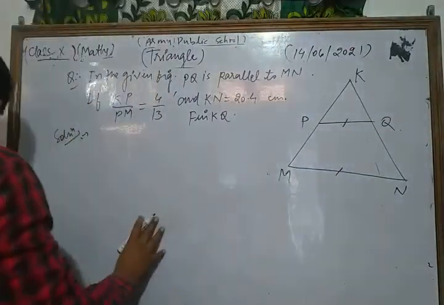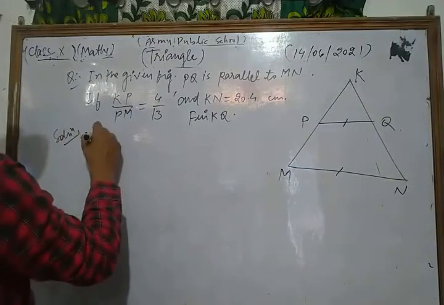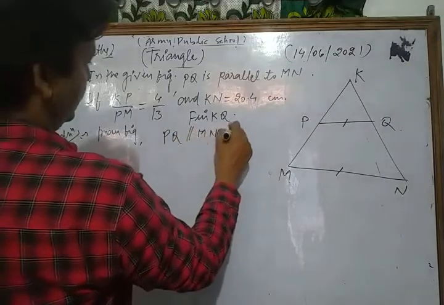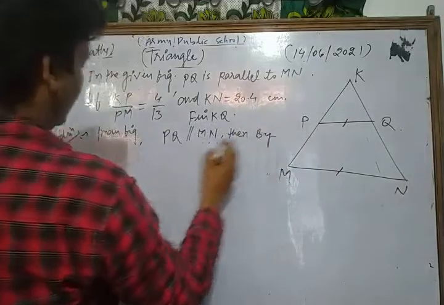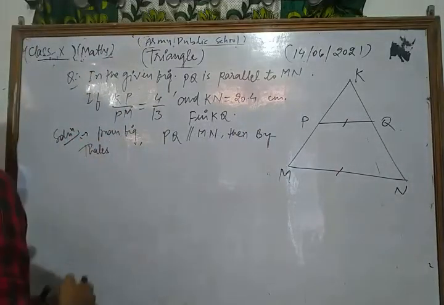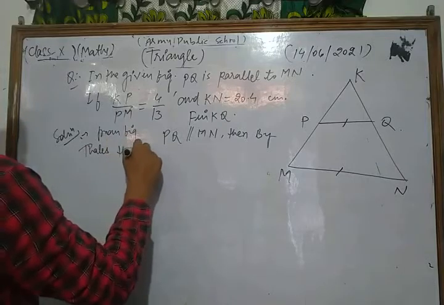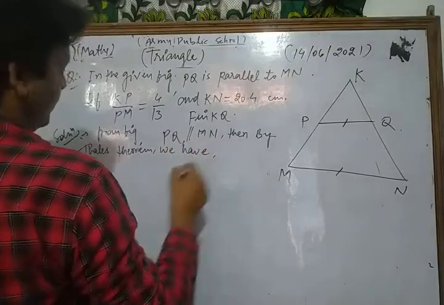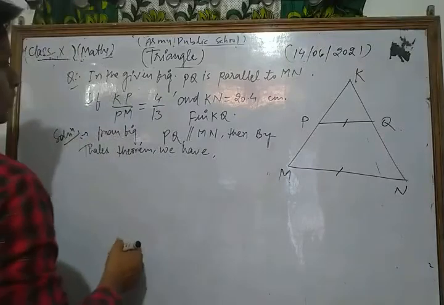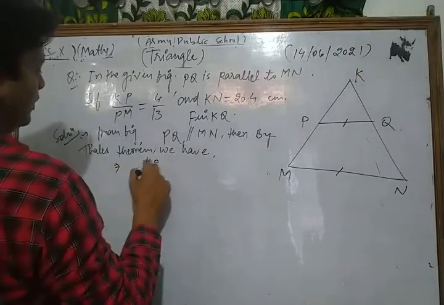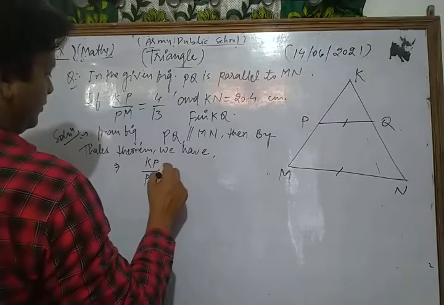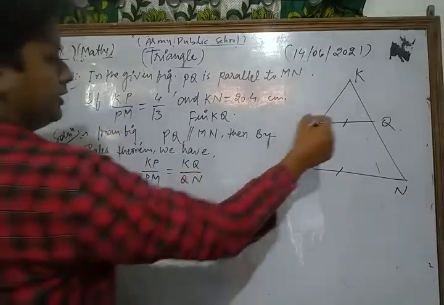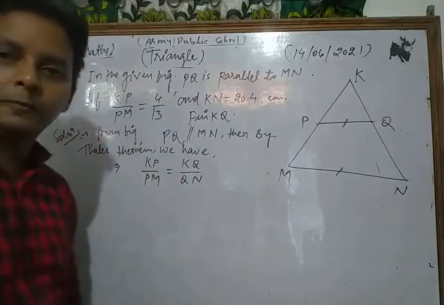From the figure, PQ is parallel to MN, then by Thales theorem we have KP upon PM is equal to KQ upon QN, because this line segment divides the other two sides in the same ratio.